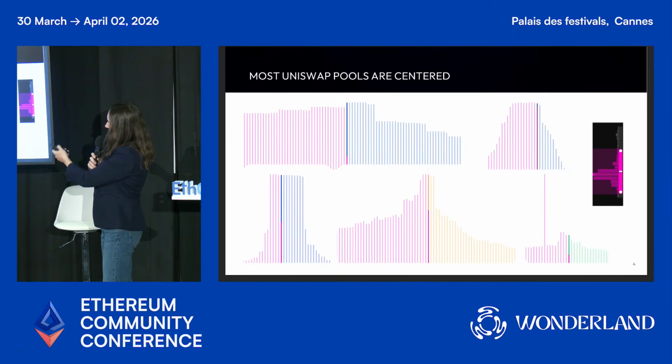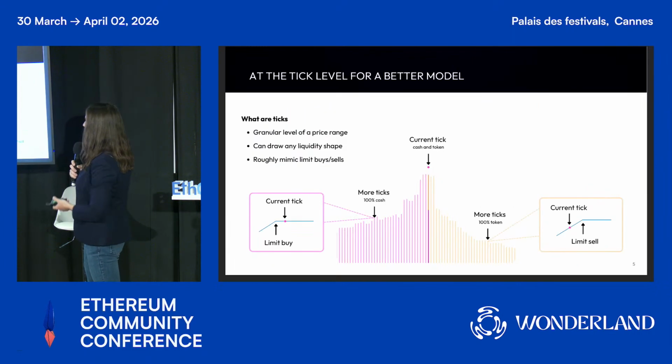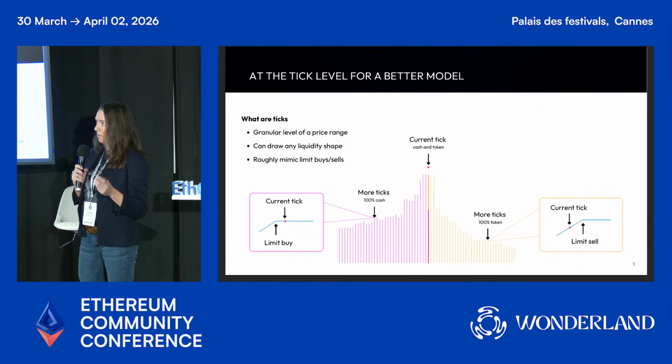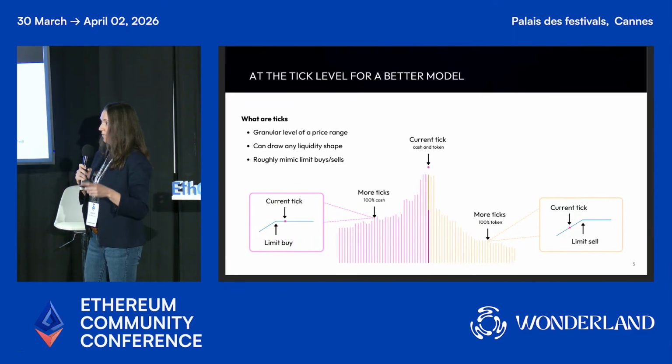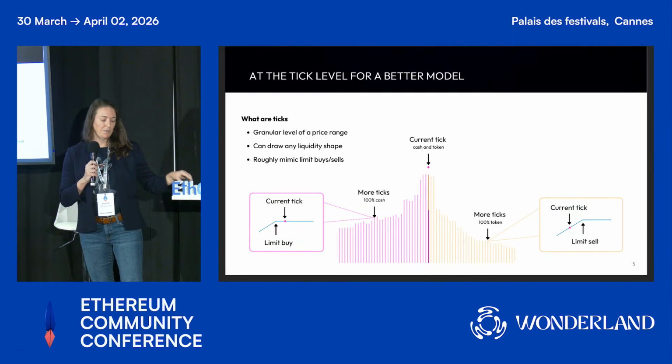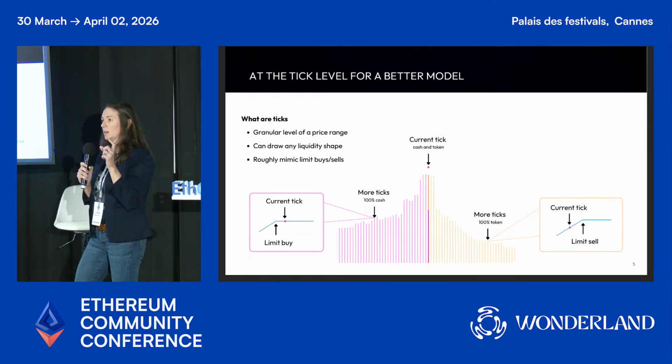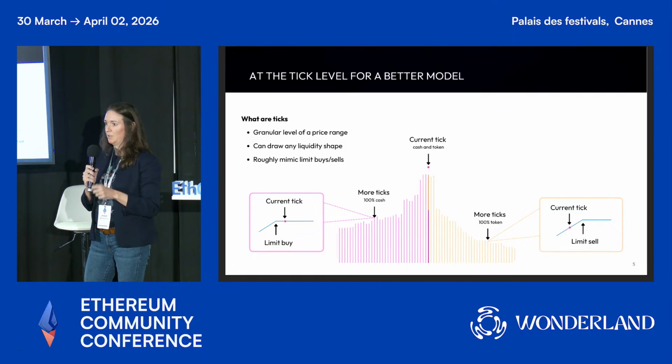So we're going to stick with this tick-wise model of representing liquidity. And let's dive into what ticks are for a moment. A tick is the most granular level you can allocate liquidity to. So it's the smallest range that you can put liquidity in.